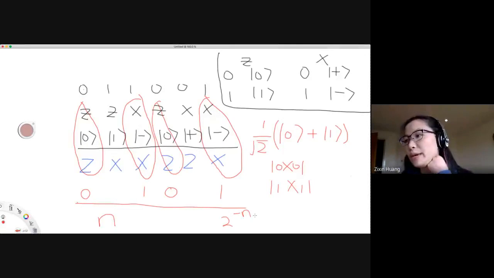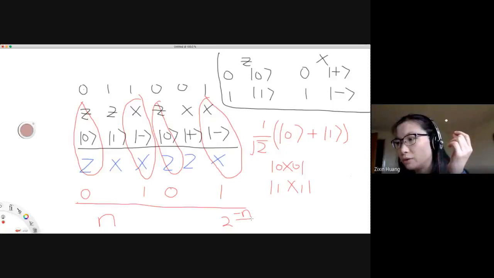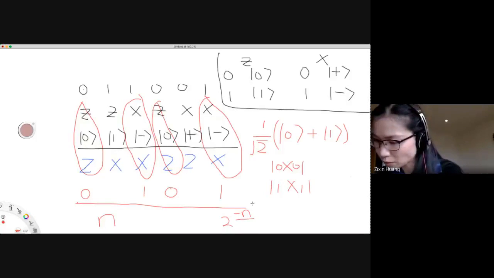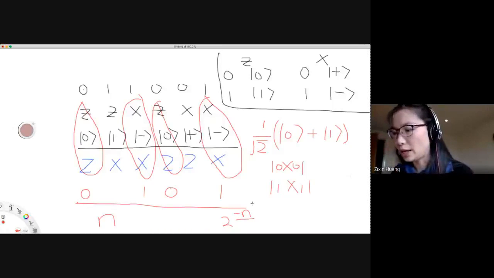So this just means that essentially she's just guessing what the bit values are. So the longer the bit string, the less likely she is to get it correct. And this is, of course, good news because for cryptography, you want something to scale as a negative exponential rather than something that's polynomial. Okay.